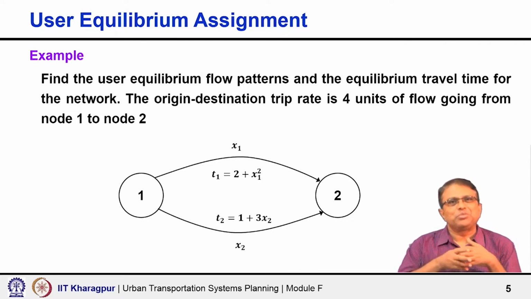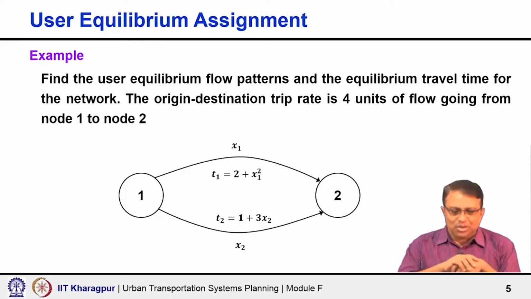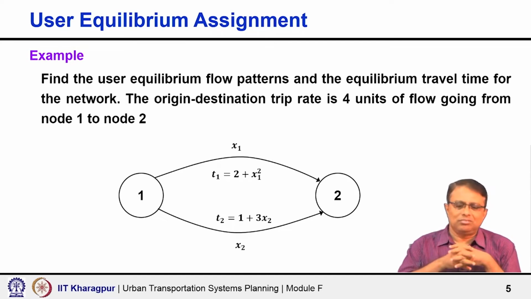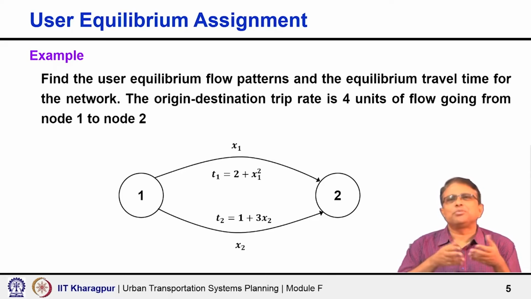There are 2 paths: t 1 is 2 plus x 1 square, and t 2 is 1 plus 3 x 2. They have different sensitivity and different zero flow times, because the free flow speed may be different, the route length may be different, and the capacities are different.